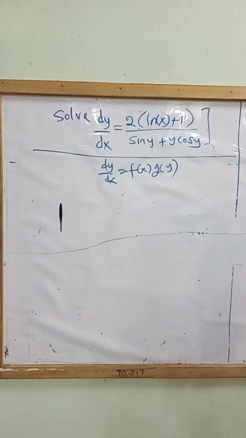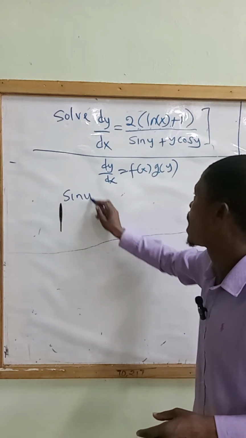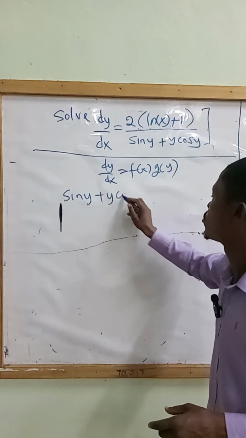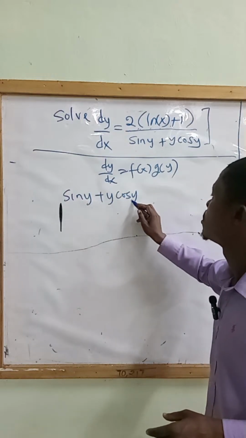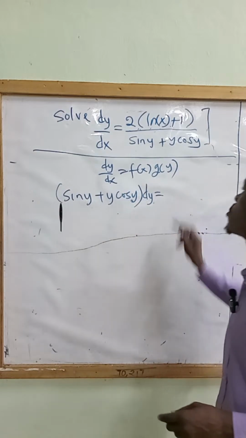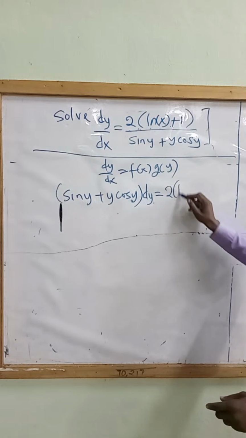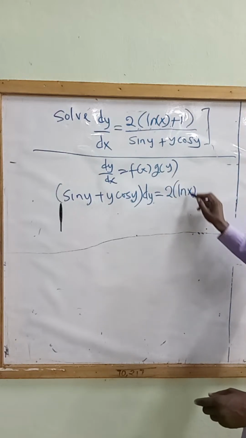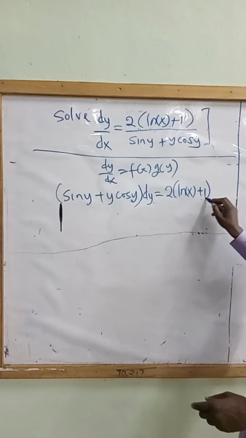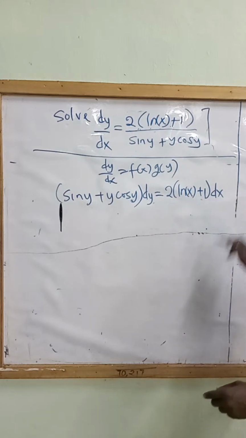To do that, we're going to cross multiply, and that will be equal to (sine y plus y cos y) dy equal to 2 times (natural logarithm of x plus 1) dx.